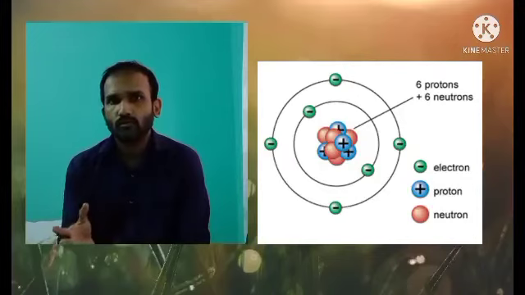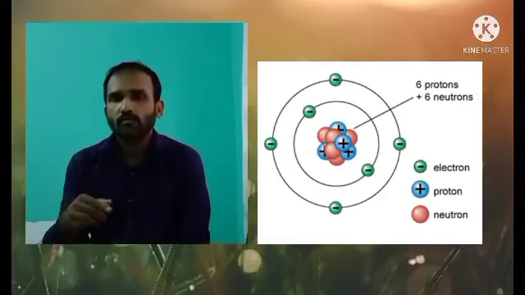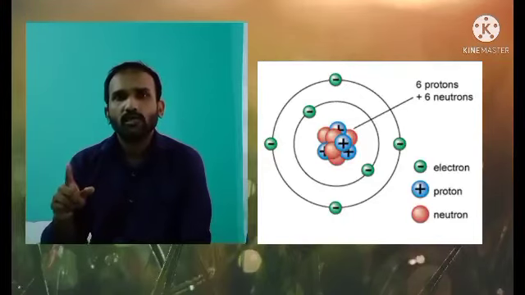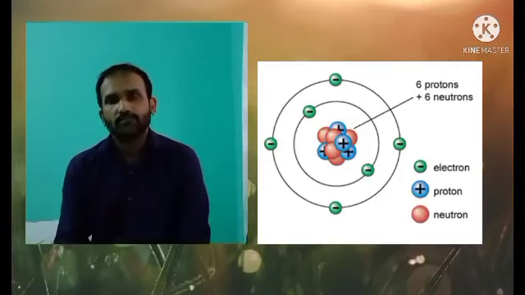So that is the structure of an atom according to Niels Bohr. In this Bohr model, there is a central nucleus which consists of protons and neutrons. The outer layers are called orbits, and in each orbit electrons are revolving around the nucleus.